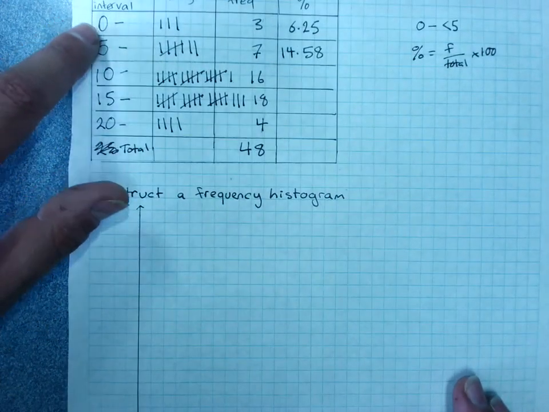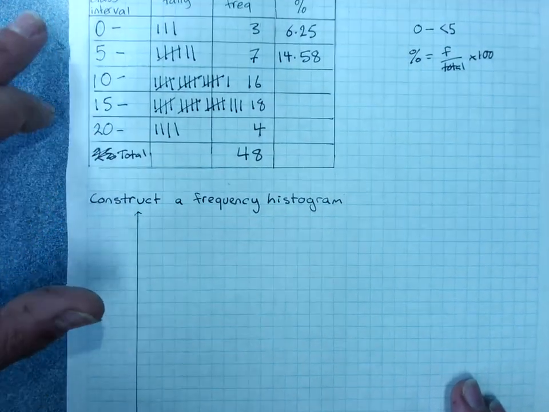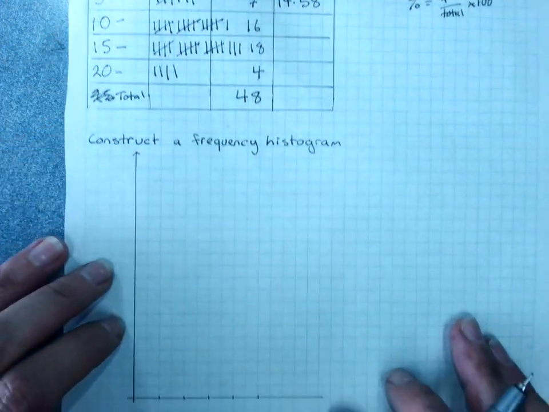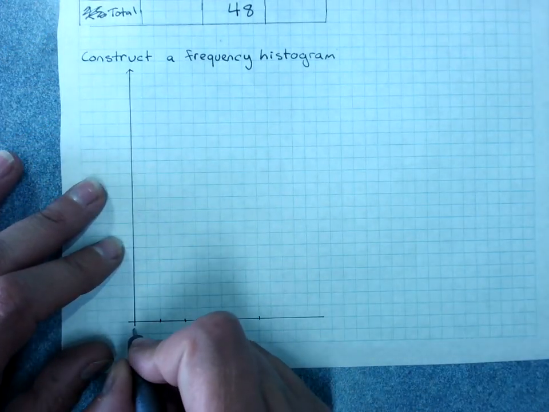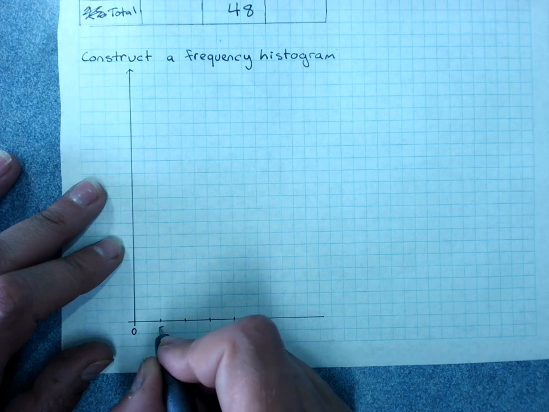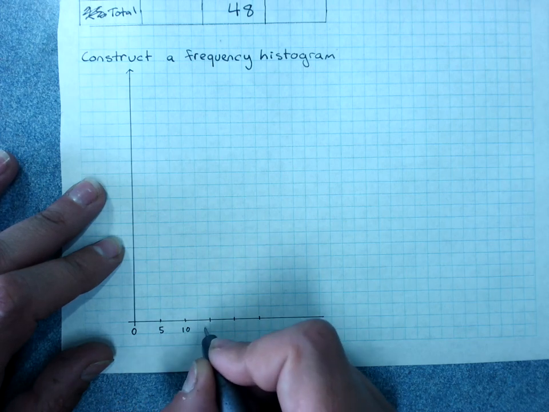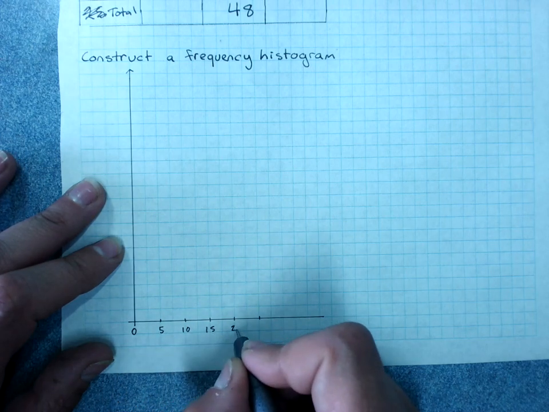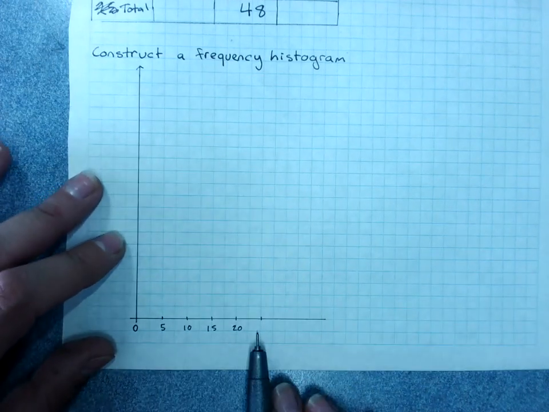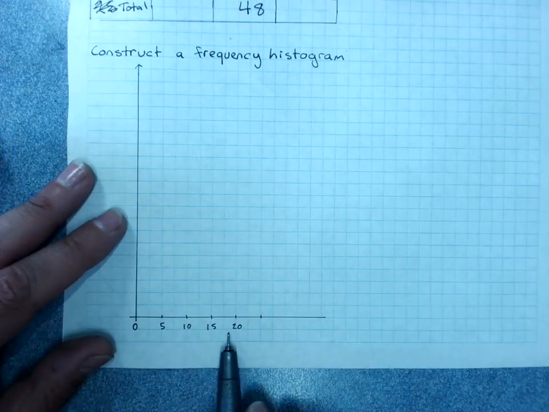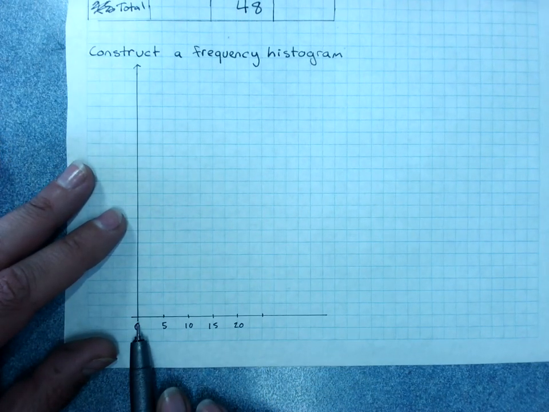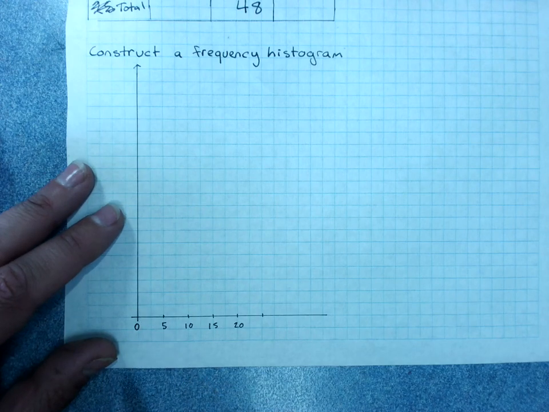and the numbers that start our class intervals go on the edges of our columns. So that's 0, 5, 10, like so. What that means is that this is clearly the column that's between 0 and 5.